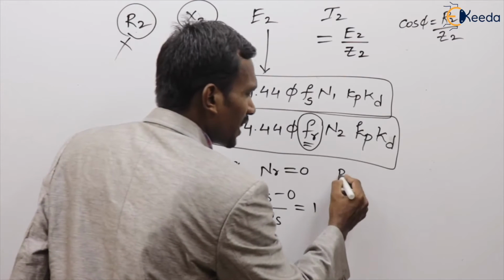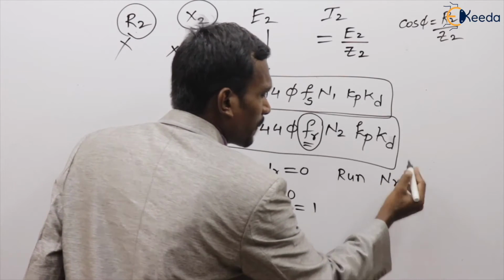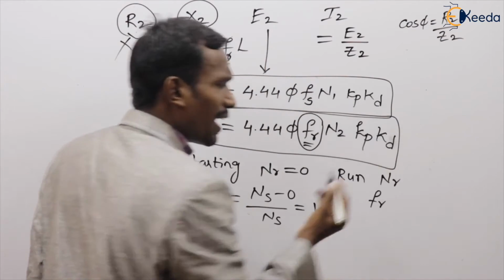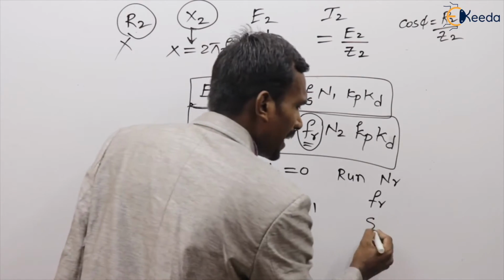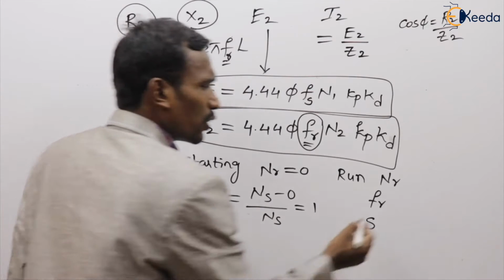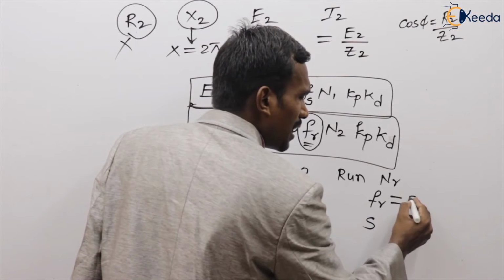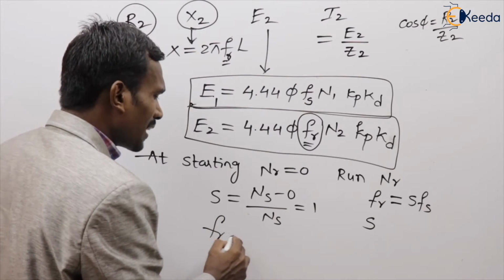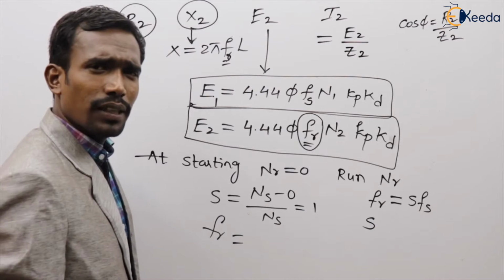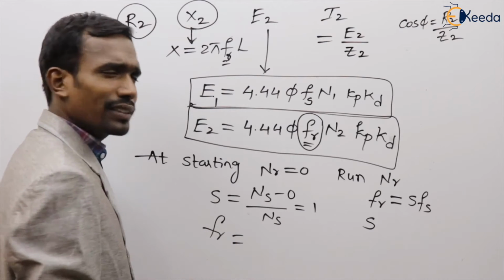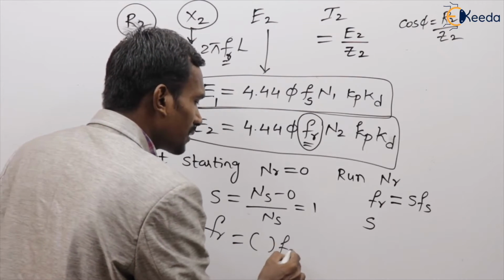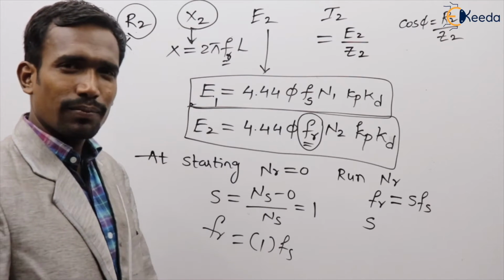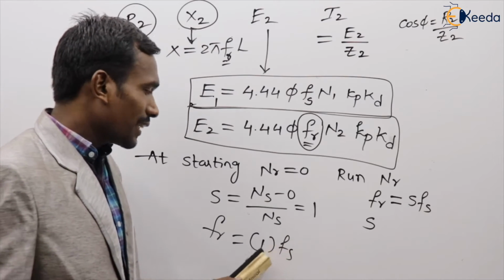But at running condition, the rotor speed is Nr, the rotor frequency is Fr and the slip is s. Here rotor frequency is s into Fs. What about the rotor frequency at starting condition? It is s into Fs, and for starting, s is equal to 1.